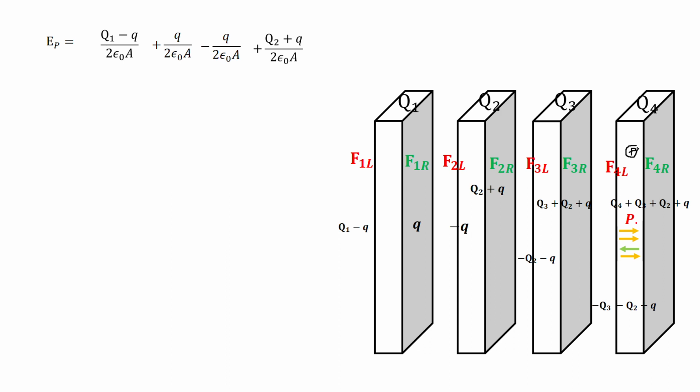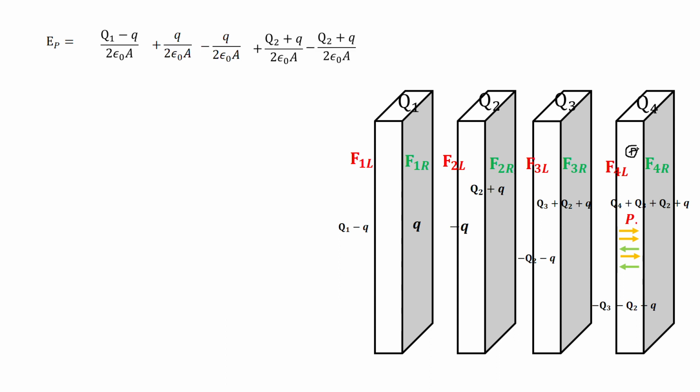And I have assumed that all the plates have equal area, so the area is the same for all the plates. Similarly, for minus Q2 minus Q, it will be towards left, as it will attract the charge towards itself, so the electric field will be minus times Q2 plus Q divided by 2 epsilon naught a.